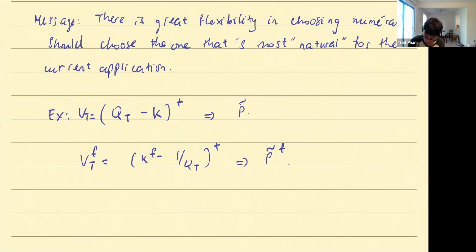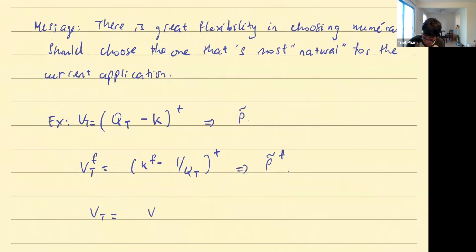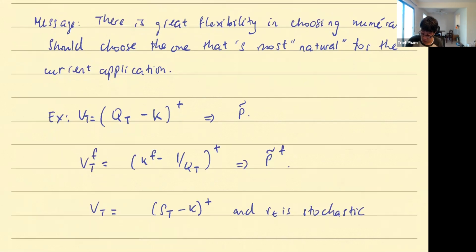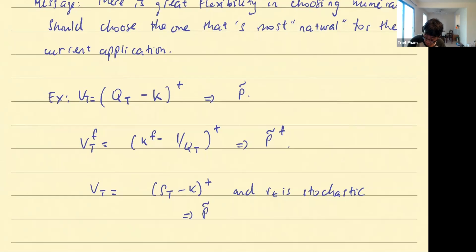Finally, if you have the usual call option, for example, but your interest rate is no longer constant, then the most natural one is the forward measure. So what is most natural in this setup?